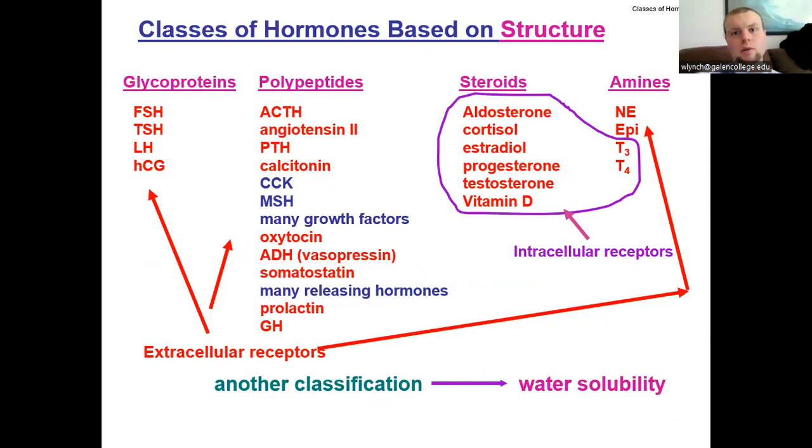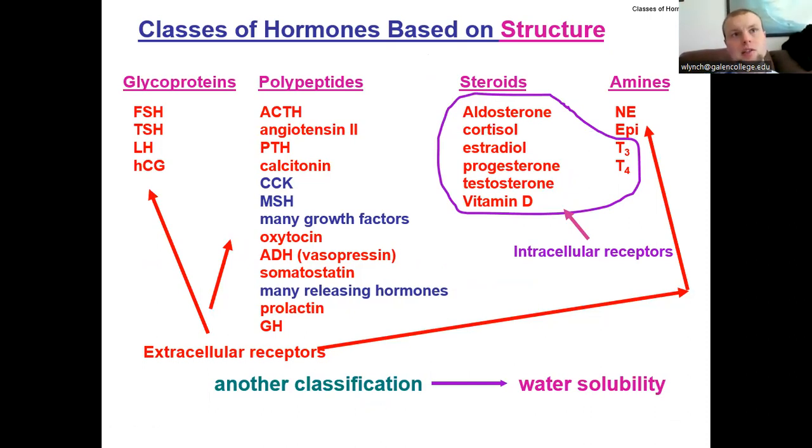Classifying hormones based on their structure, most hormones have receptors on the surface of the cell, on the cell membrane. Extracellular receptors exist for our glycoproteins, polypeptides, and the amine hormones norepinephrine and epinephrine. Steroid hormones are special in that they are able to easily diffuse across the cell membrane.